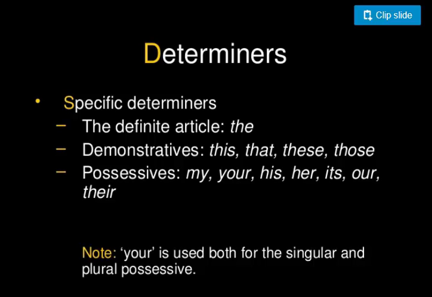The demonstrative determiners are this, that, these, and those. And what are the possessives which are also used as determiners? My, your, his, her, its, our, and their. Note: your is used both for the singular and plural possessive.